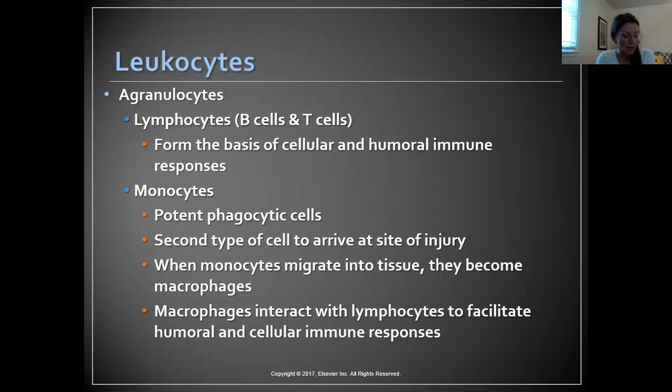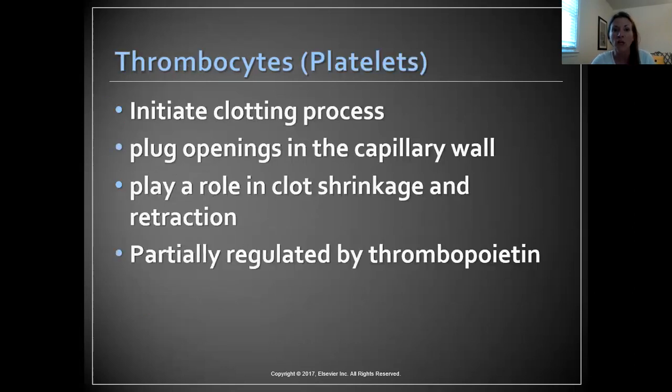These cells are only present in the blood for a short time before they migrate into tissues and become macrophages. Macrophages interact with lymphocytes to facilitate humoral or cellular responses.